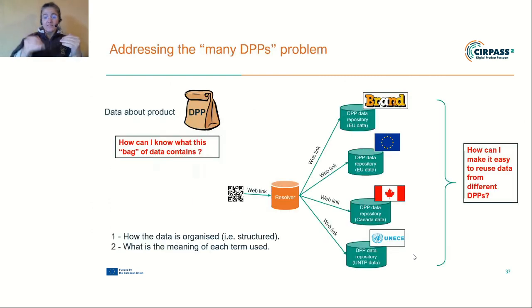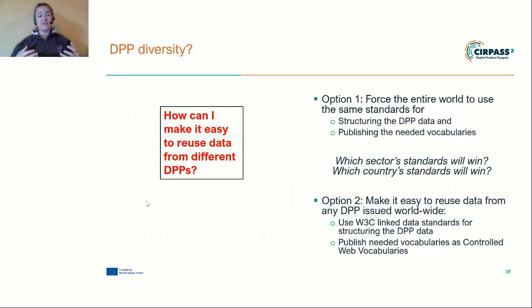So now that I've addressed the very first question on the left, which is how can I know what this bag of data contains, I will move on to a second question: how can I make it easy to reuse data from different DPPs that have been issued by different stakeholders in different states? So basically, how can I deal with this DPP diversity?